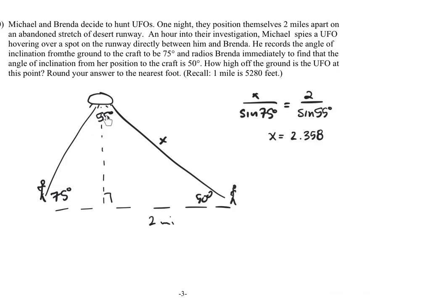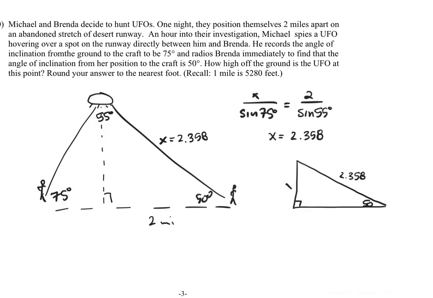So now if we separate this triangle, this is still a 50-degree angle. This is 2.358. So this is Brenda over here, and then this is the UFO, and this is a right angle.